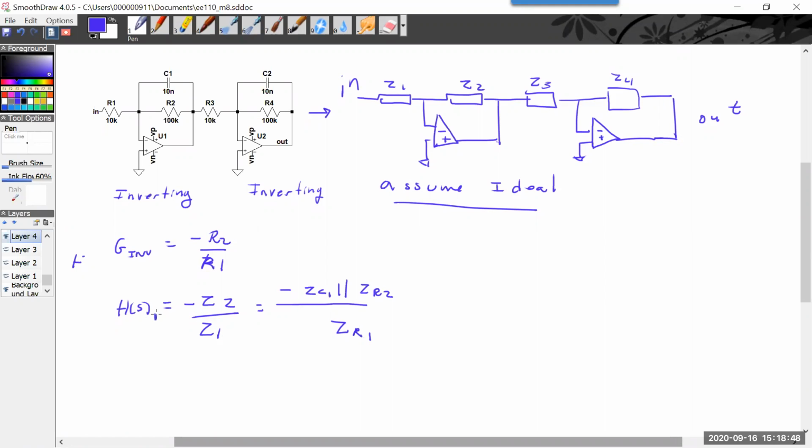And this is for stage one. Z_R2 is R2. Z_C is 1 over SC1, R2 plus.